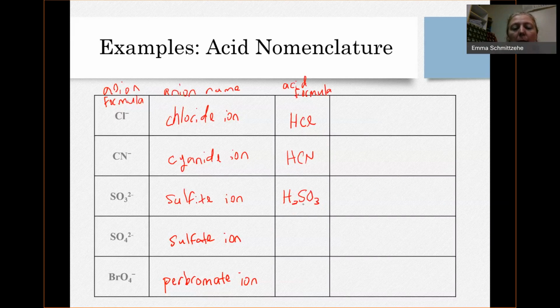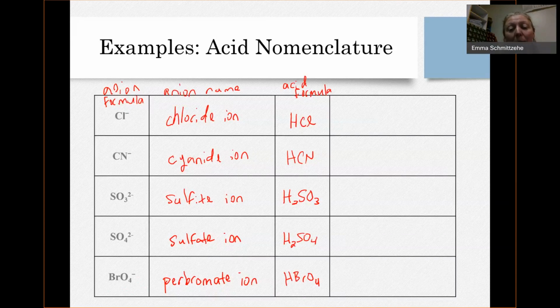Similarly, the SO4 2-, that 2- charge is going to be balanced out by taking two H+, so I'll have H2SO4. And then the BrO4-, that's a 1-, so I can combine it with 1 H+, so it would be HBrO4. So these would be the acids that relate to those given anions, right?